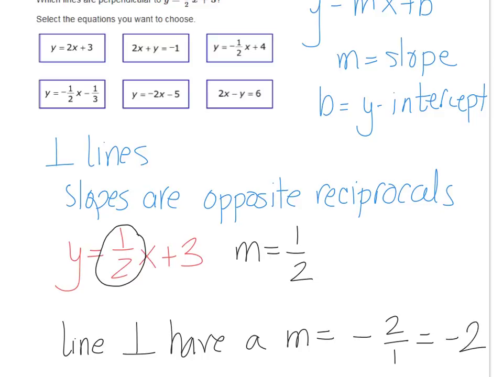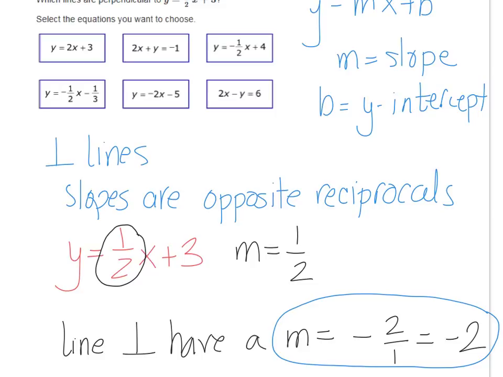So if I can find an equation that has a slope of -2, then that would be perpendicular to this given equation, which has a slope of 1/2. So again, opposite reciprocals, that's how you find lines that are perpendicular.